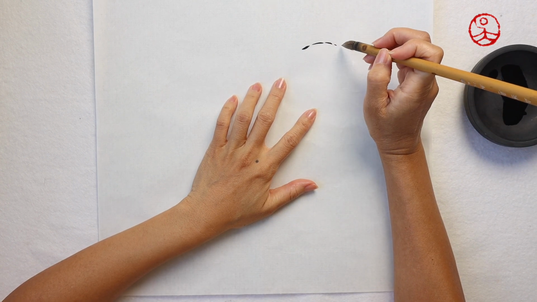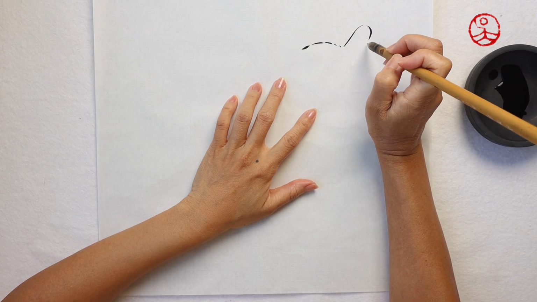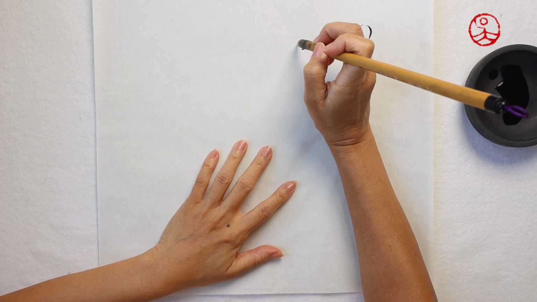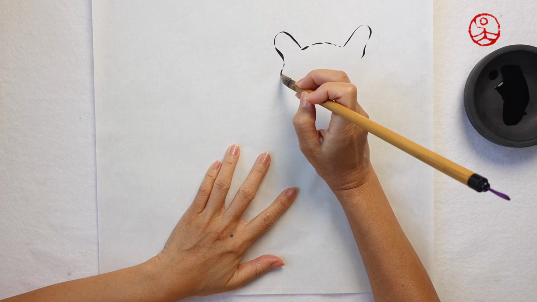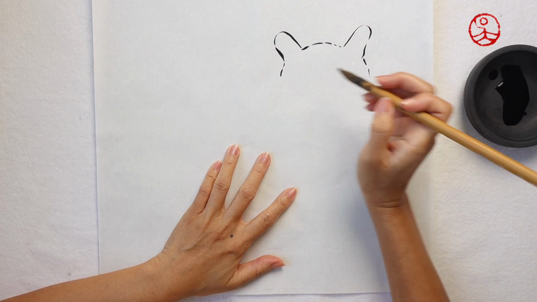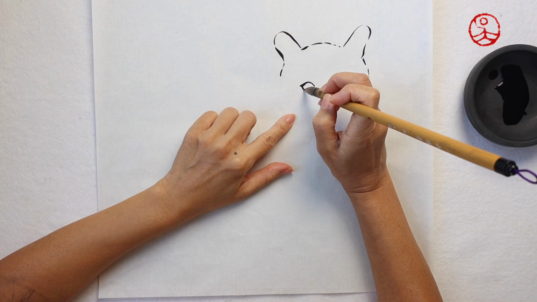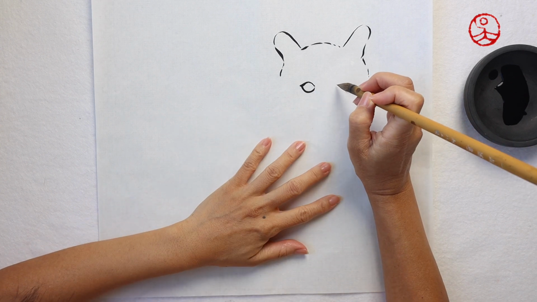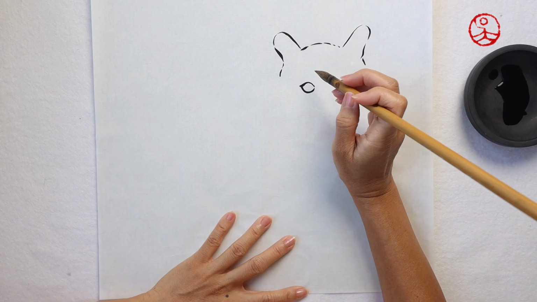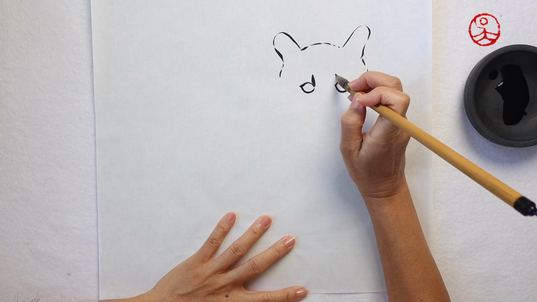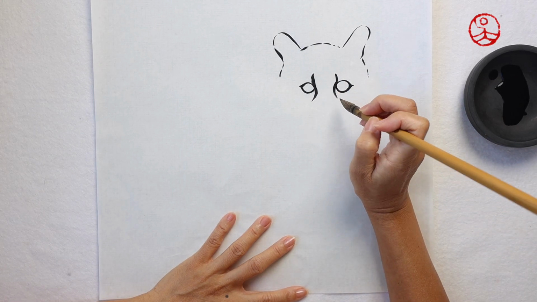And then the ears. And then the key features of the face, the forehead, the black area around the nose.